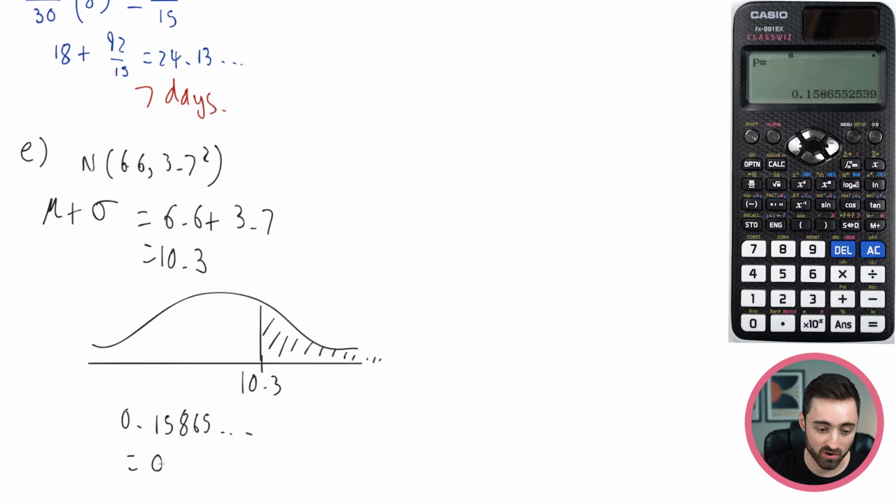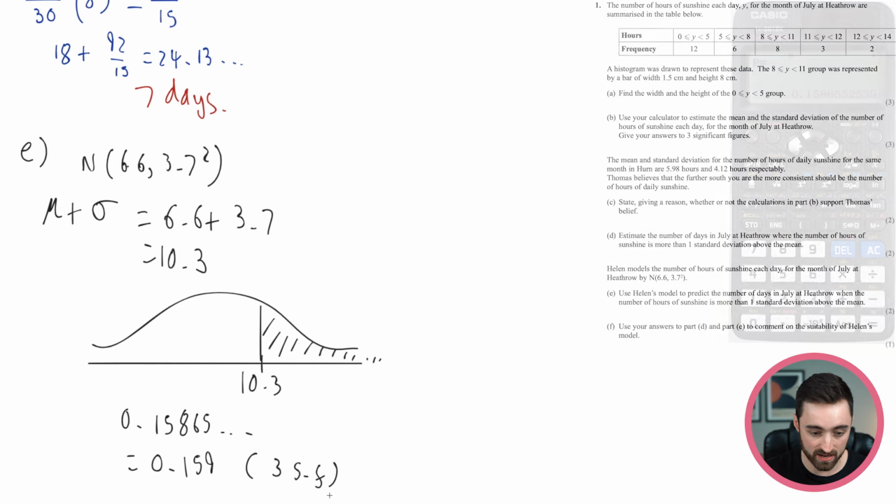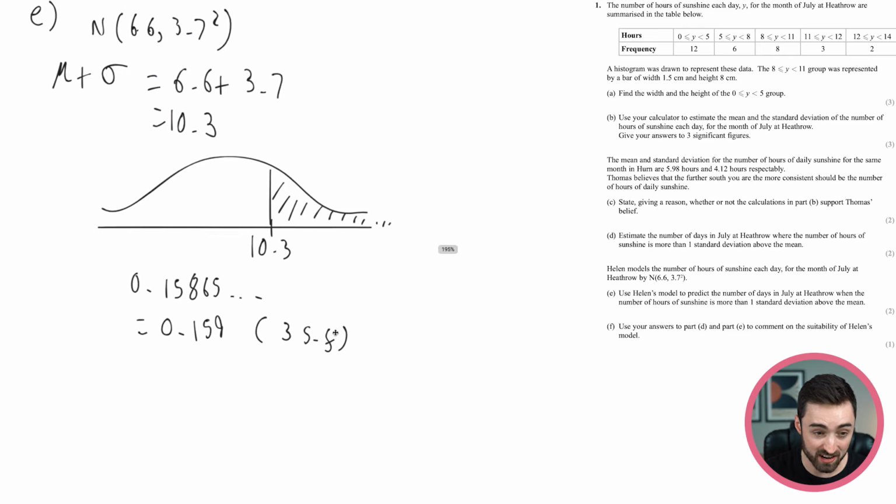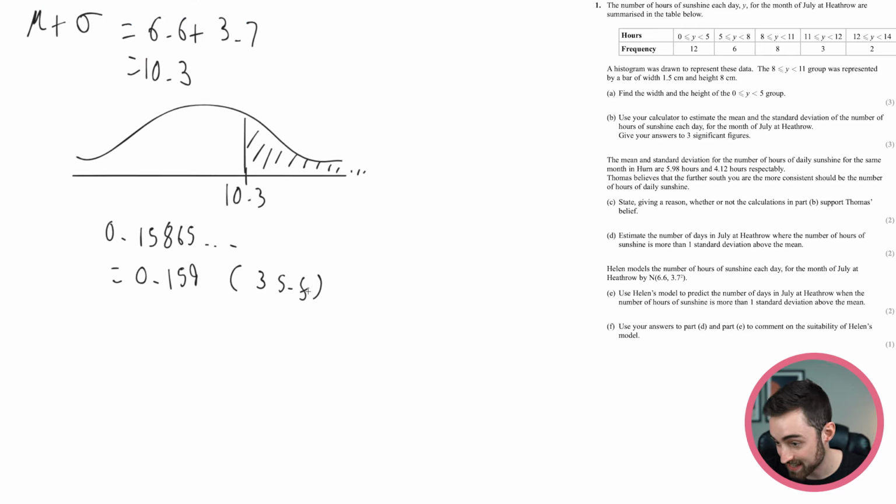However, that's not actually my final answer because it says the number of days in July. So I'm not even going to round that, I'm going to go back to the normal mode of my calculator.